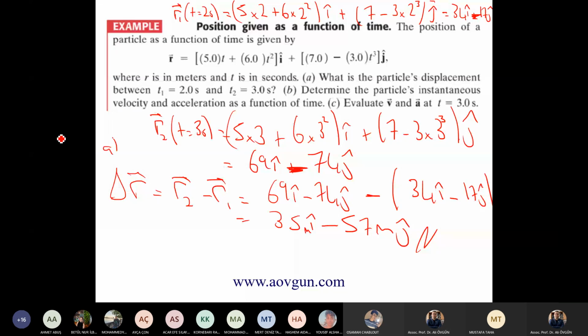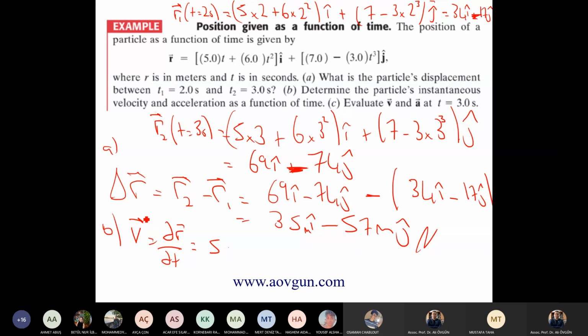After that you must find the particle's instantaneous velocity. How can you find instantaneous velocity? You must take a derivative. You know the position vector. So the instantaneous velocity, and also after that the acceleration, is dr over dt. The first part is 5 because there's only one t.